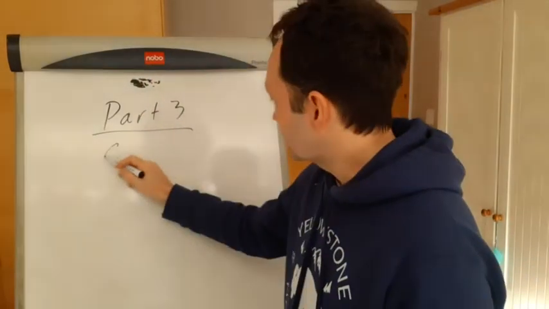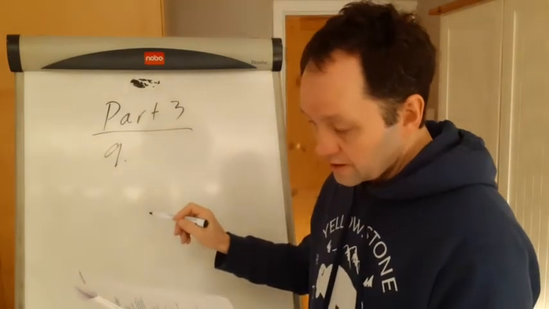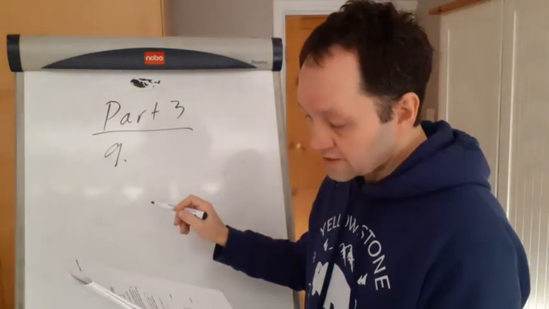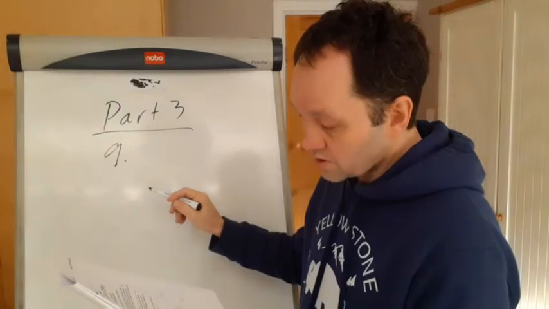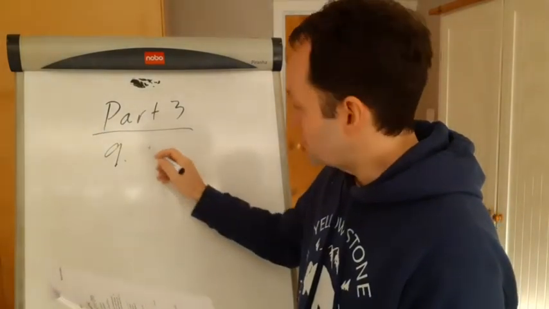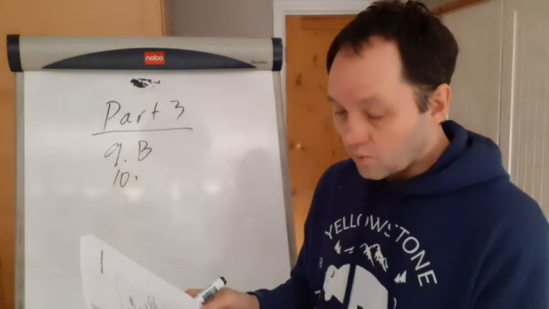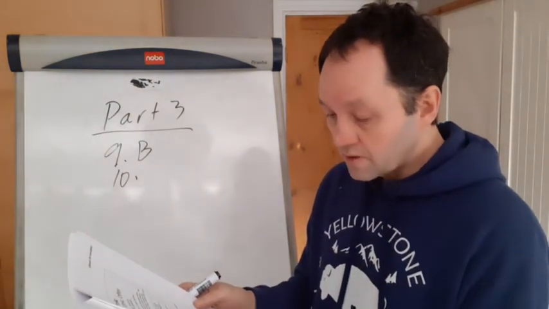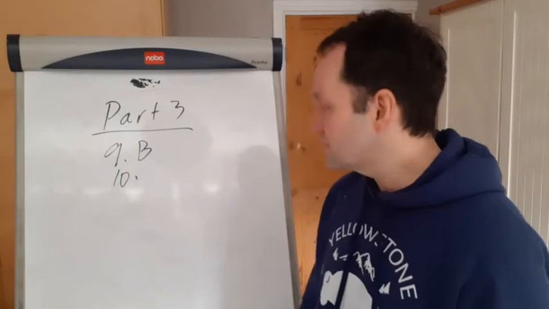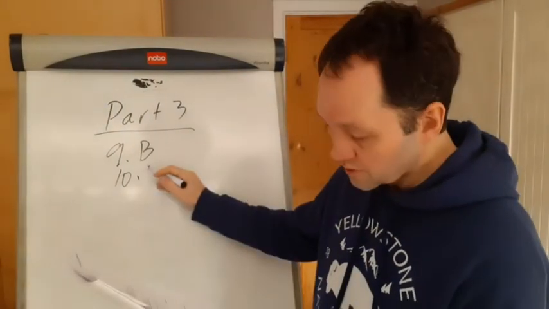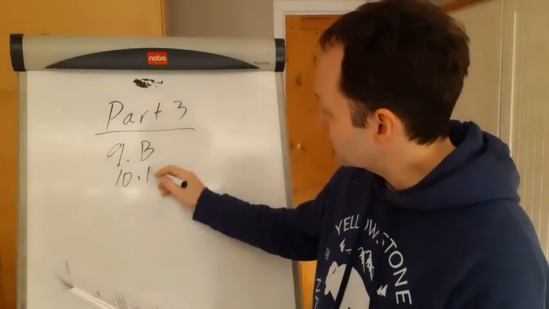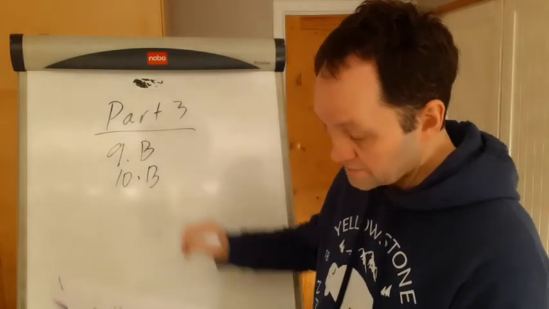What is the purpose of text E? Question 9. Best answer for that one is to tell you how to save money. So that one is going to be B, I believe. Number 10. What does the text tell you to do? And this one is very tricky. Again, I don't like this question very much, but it talks about paying the bill through the bank.